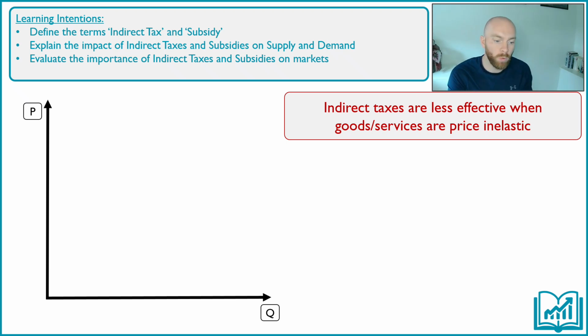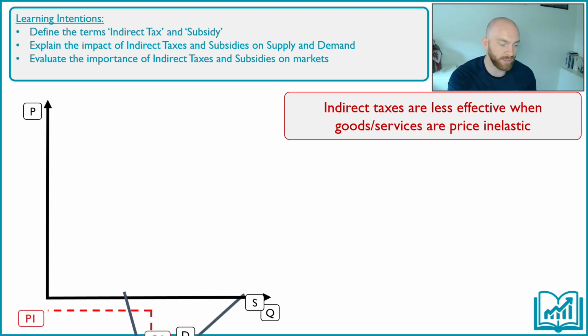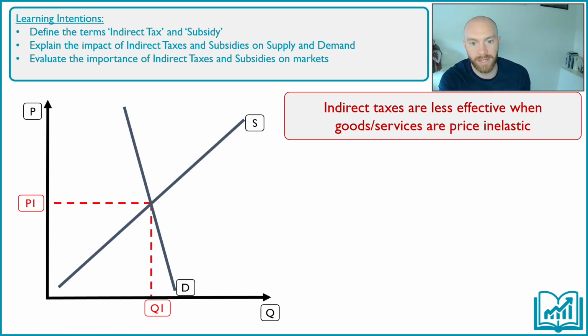One good one that I'd really recommend using is price elasticity. If a good or service is price inelastic, consumers are willing and able to purchase it at higher prices because of various factors, then the indirect tax is going to be less effective, because you can draw a new diagram alongside your counterbalance that will look like this one with our more inelastic demand curve.